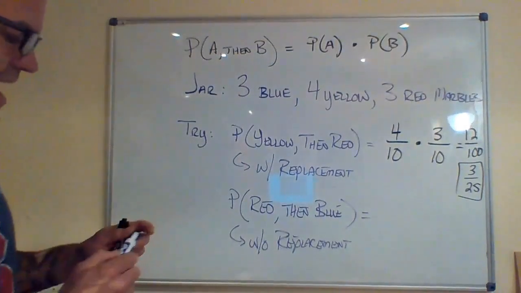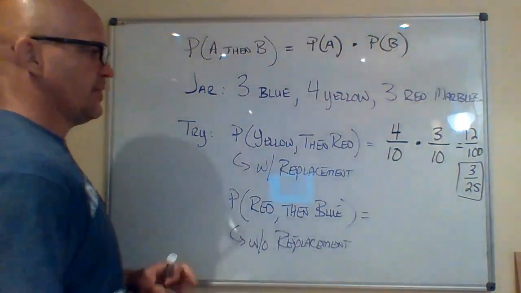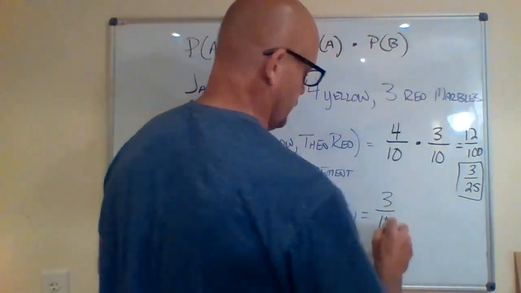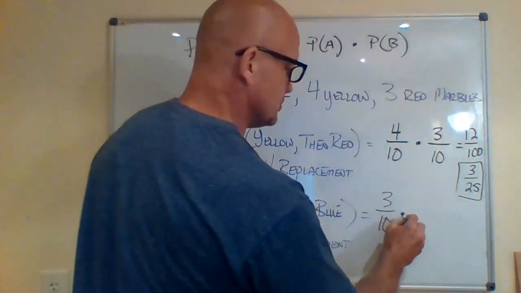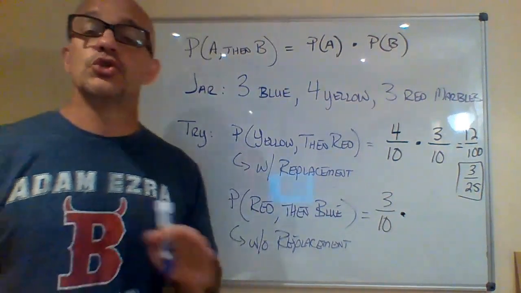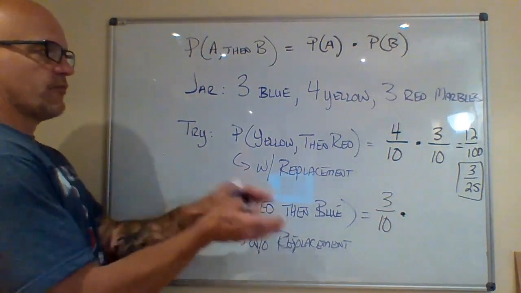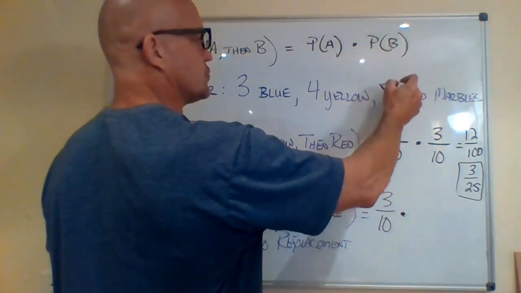So we have no replacement this time. So my probability of red, there are 3 red out of 10 total. We should know that by now. This time we assume that that first probability came true. There is no replacement. So when we go back for the blue, we've got to remember we're assuming the first one came true.